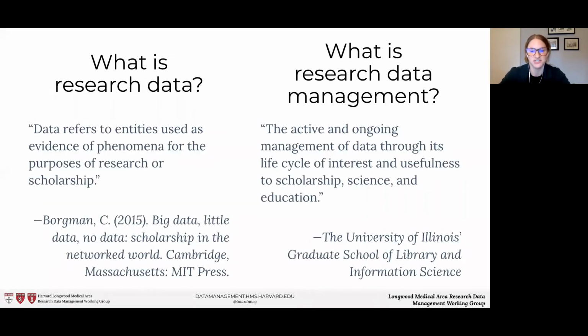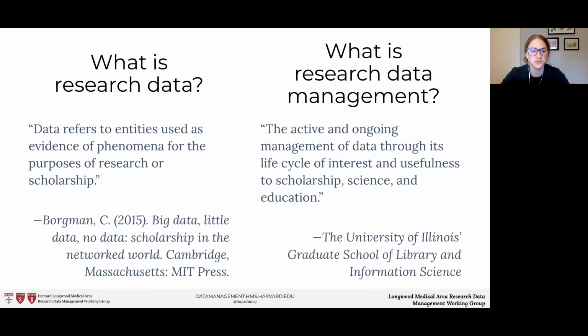So let's start this showcase with a few definitions. What is research data and what does the management of it mean? I like this definition from Christine Borgman on the slide because I think it is broad enough to cover the sciences, the social sciences, and the humanities. As research becomes more interdisciplinary, even biomedical research, this is important to consider.